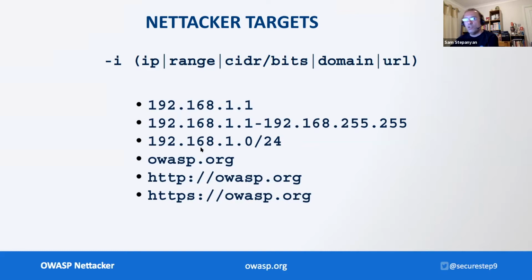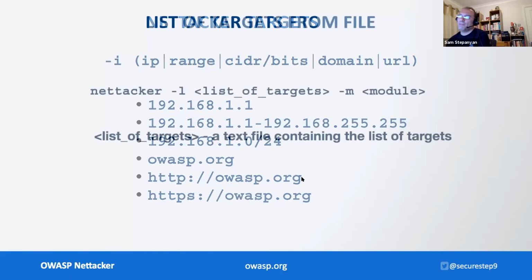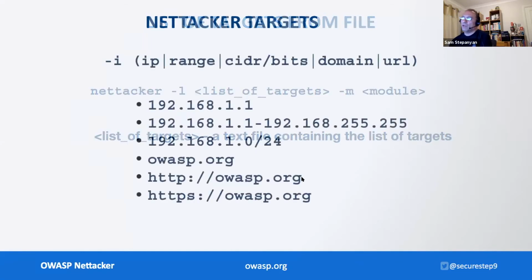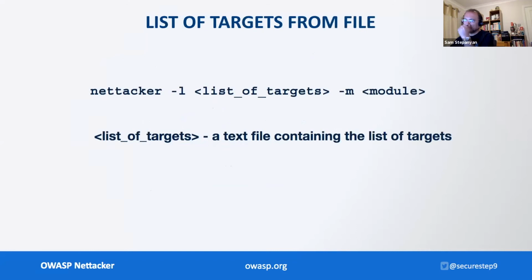You can also define a domain name, and that is what's really great about Nettacker compared with, for example, Nmap. You can define a domain name, and you can also define a URL, for example with the HTTP or HTTPS protocol. But that is not all, because usually in a large organization, you will have lots of networks. You will have lots of subdomains, right?